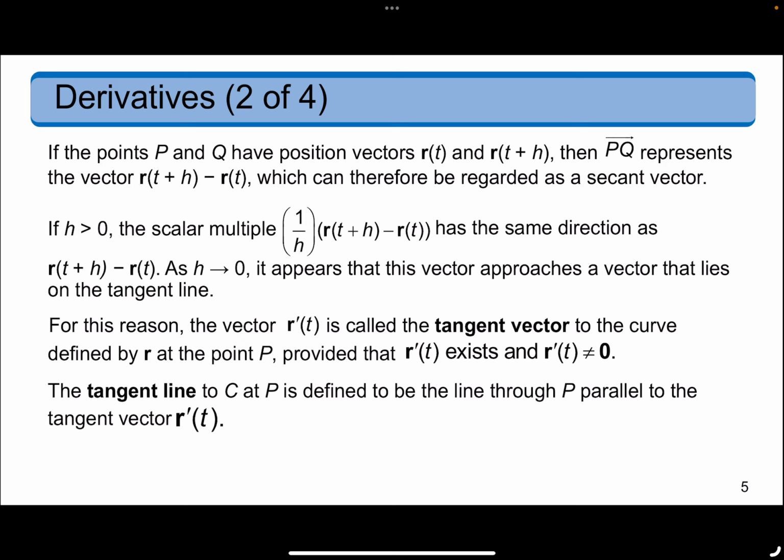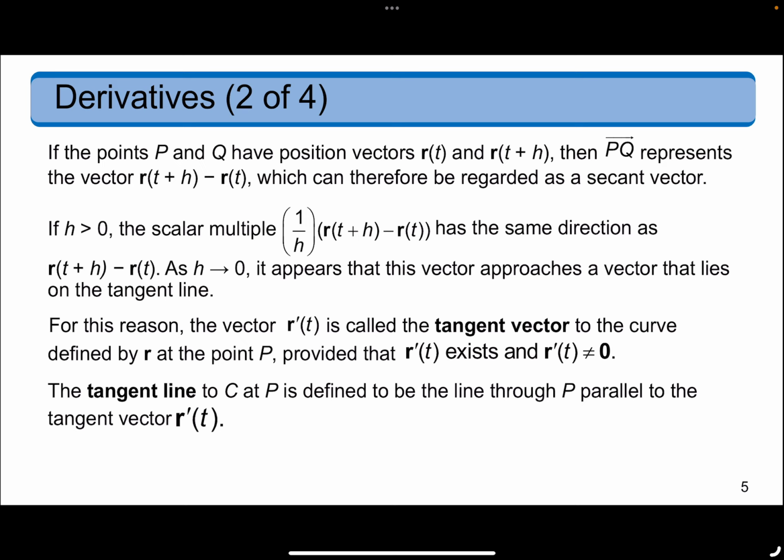If h is greater than 0, the scalar multiple 1 over h times r of t plus h minus r of t has the same direction as r of t plus h minus r of t. As h approaches 0, it appears that this vector approaches a vector that lies tangent to the curve.